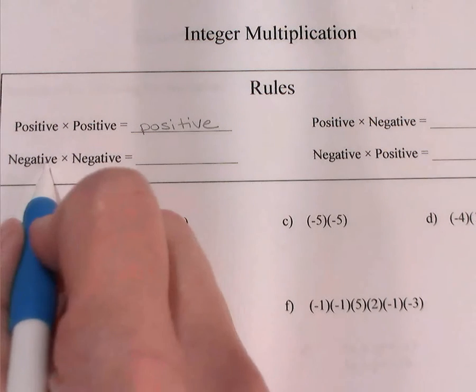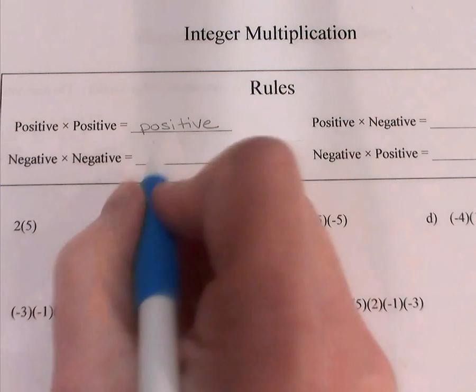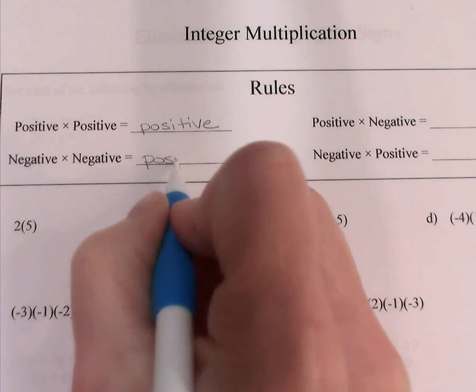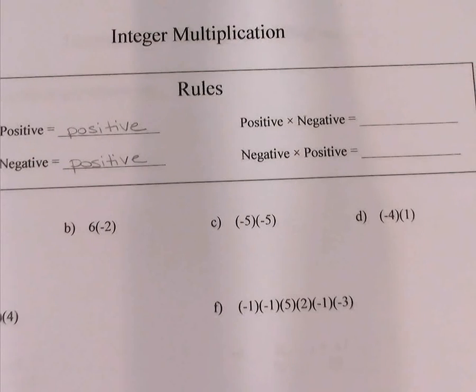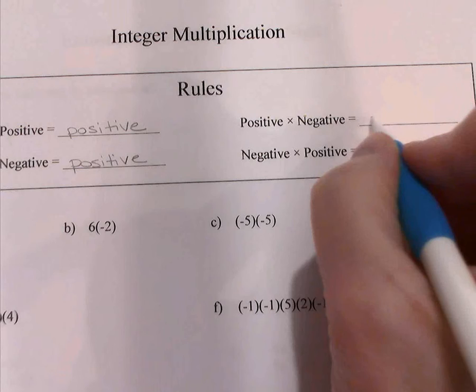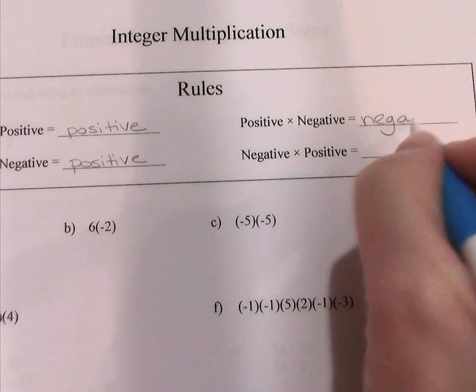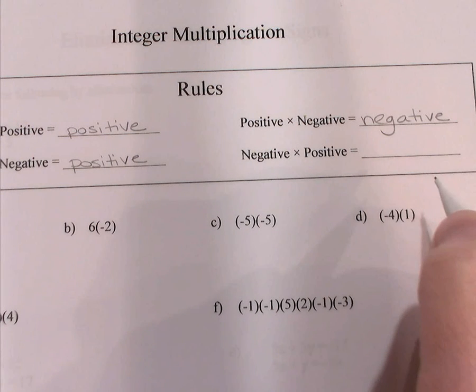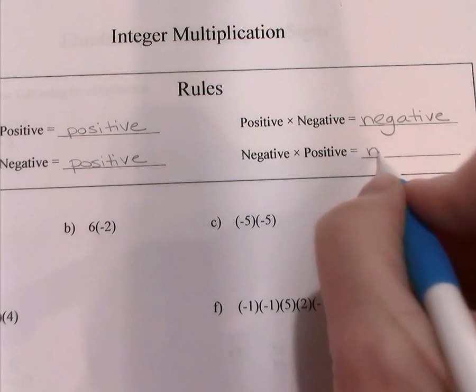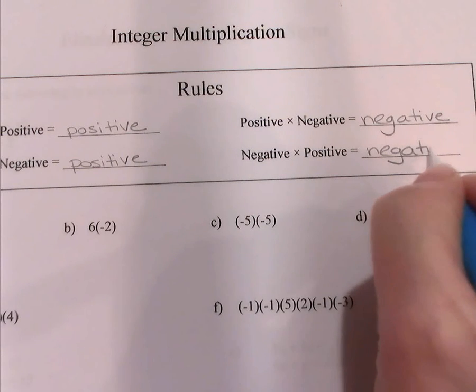When I do negative times negative, the result is also positive. When I do positive times negative, the answer is negative. And when I do negative times positive, the answer is also negative.